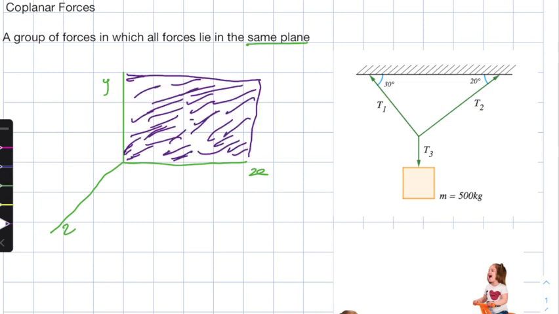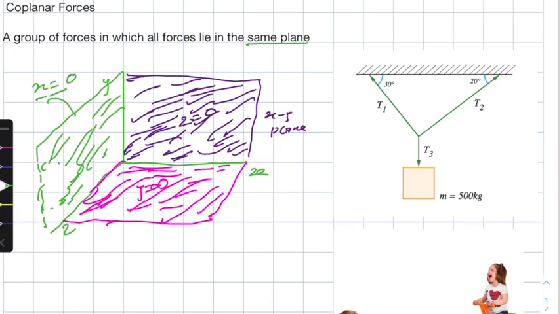This area where z equals 0, and this is the xy plane. Similarly, the pink area is the xz plane, and purple is the xy plane, and green will be the yz plane.